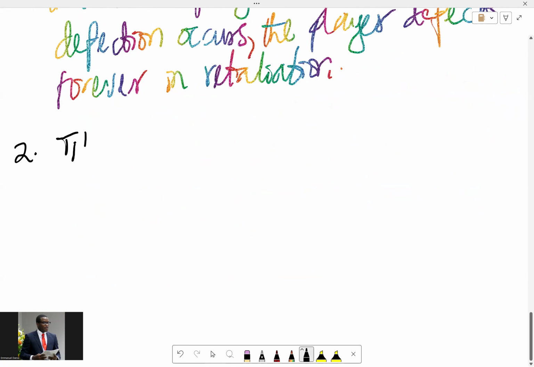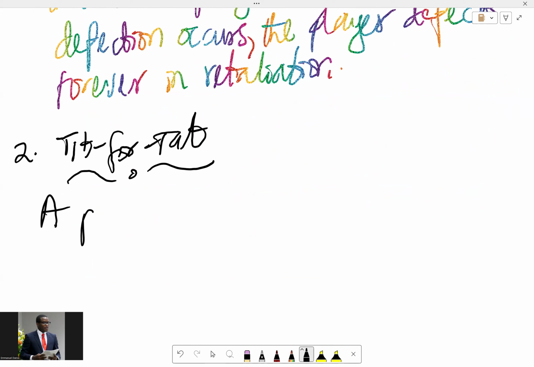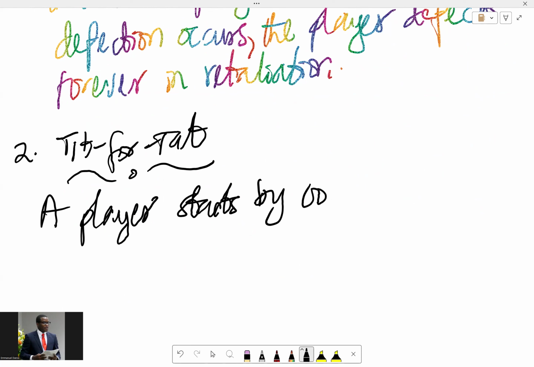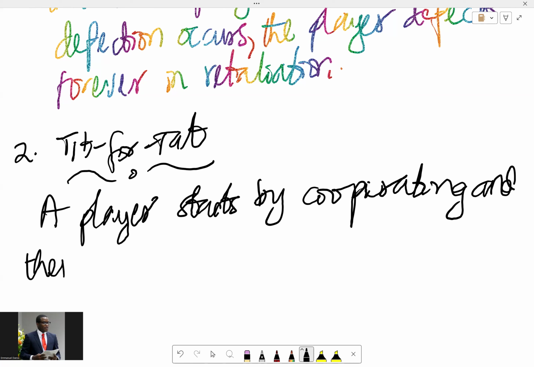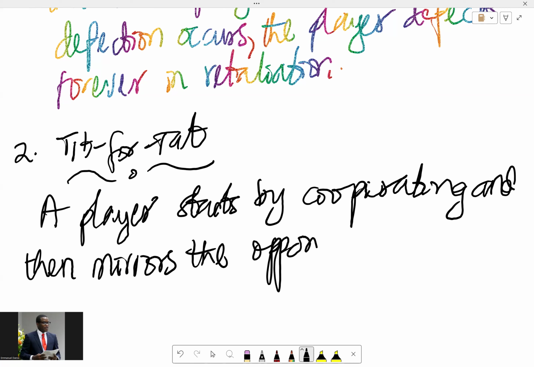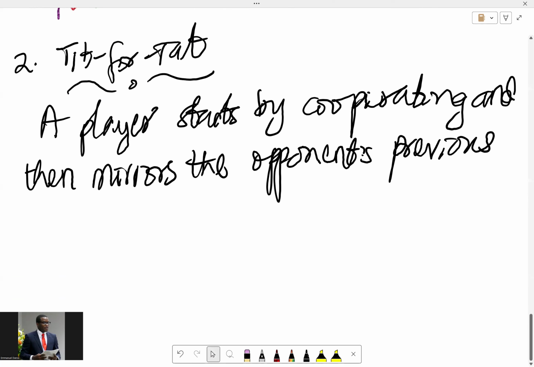Then we have tit for tat. Here a player starts by cooperating, and then mirrors the opponent's previous action in subsequent rounds.